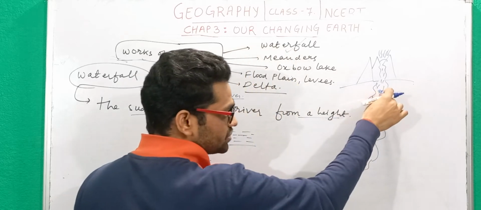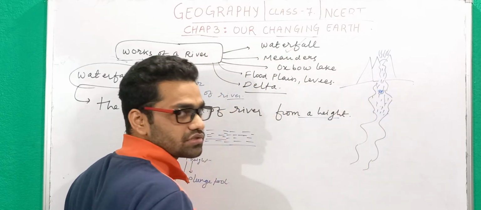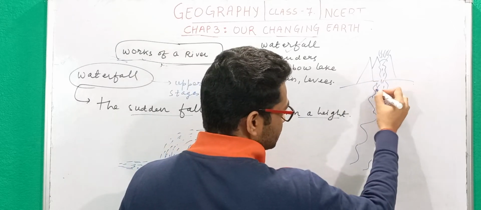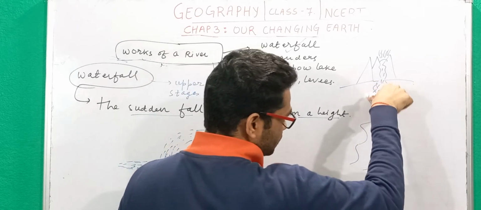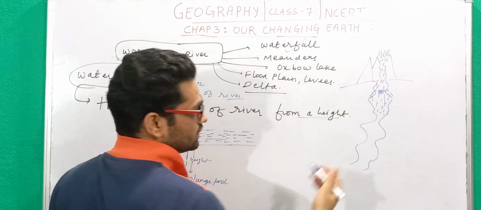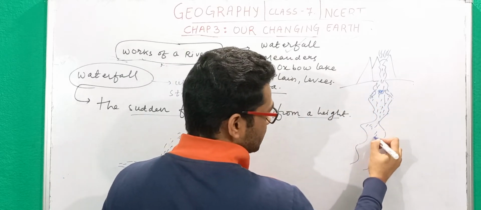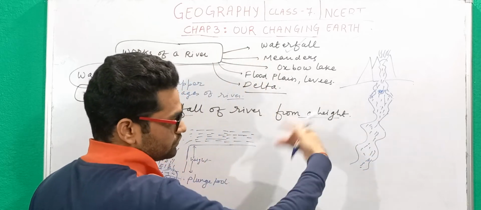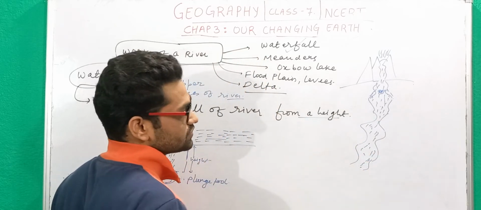This accumulation of debris over the path of the river starts diverging its water, and this phenomenon goes on occurring again and again, and that is why we see that there is not a straight path of river, so the river always goes on like this.